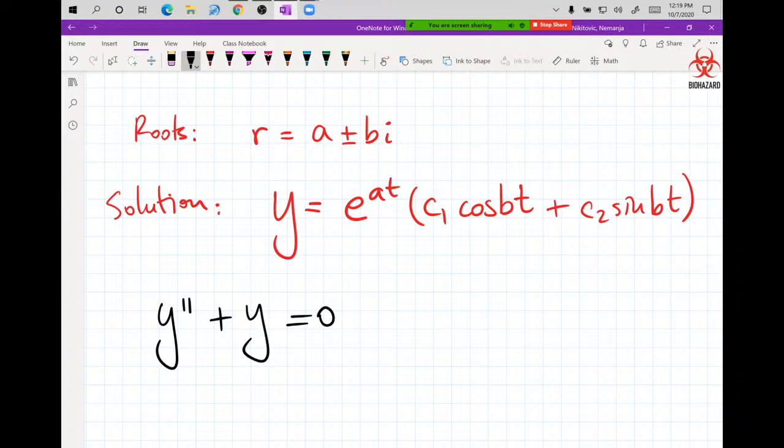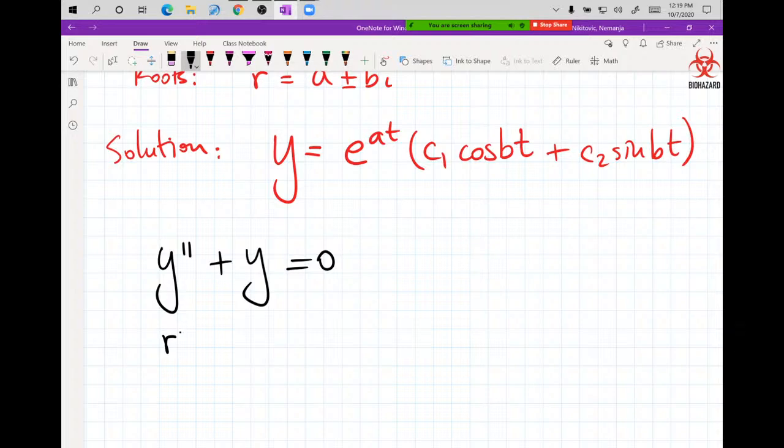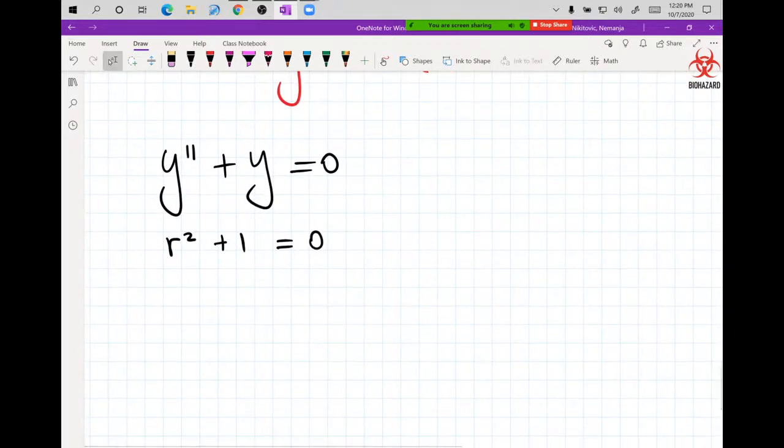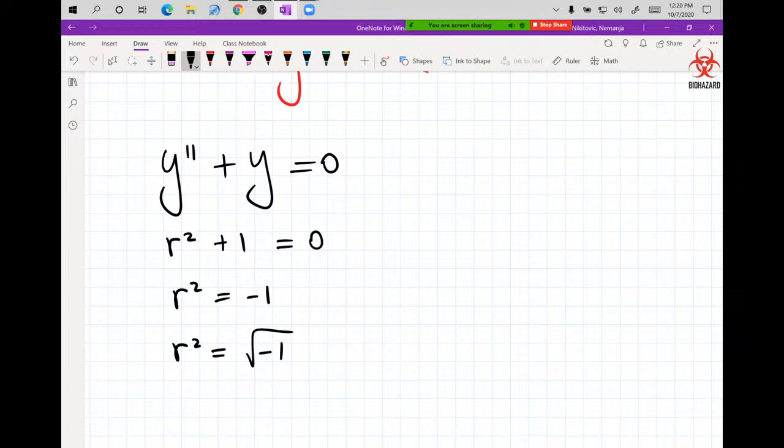If you convert this to your characteristic equation, you get something that you cannot factor over real numbers. So r squared is equal to -1, and when you square root both sides, you get that r is equal to plus minus i. Now that is r equals 0 plus minus i. So your a is equal to 0 and your b is equal to 1.